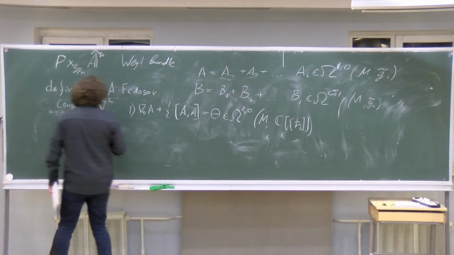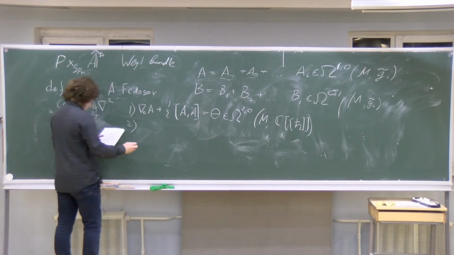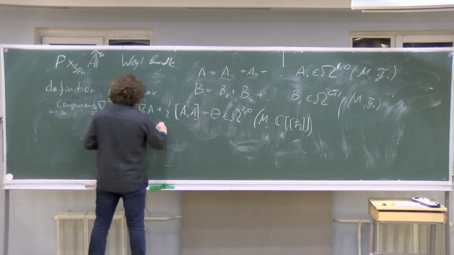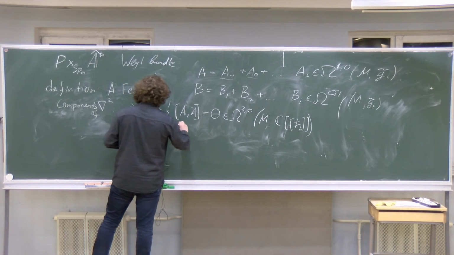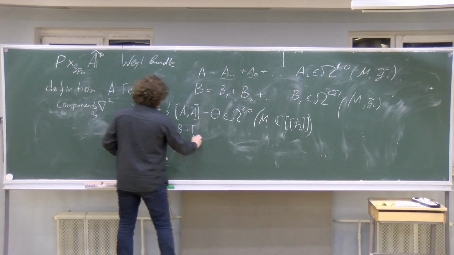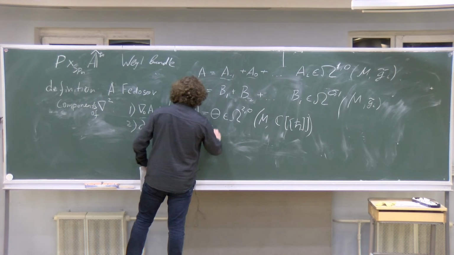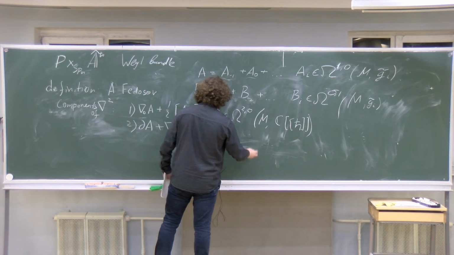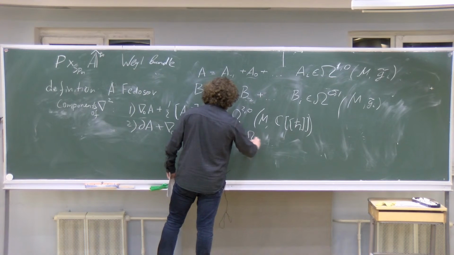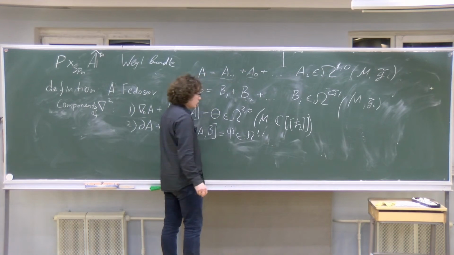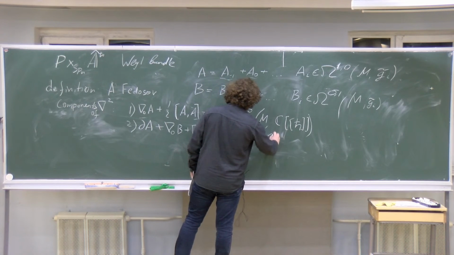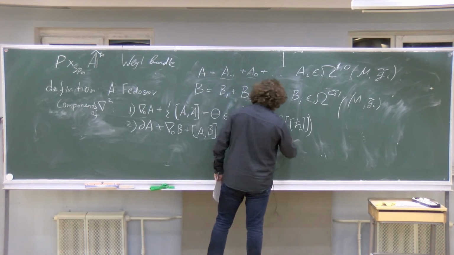Well, we have also this component d bar A plus nabla 0 B plus the commutator of A and B, which will be denoted by phi, which lies in forms of type 1-1 with the same coefficients in formal power series in h bar.